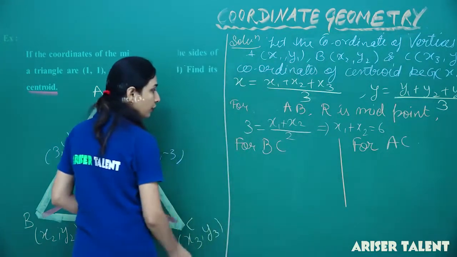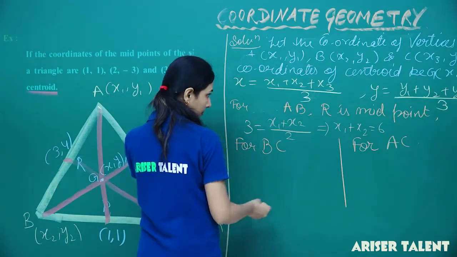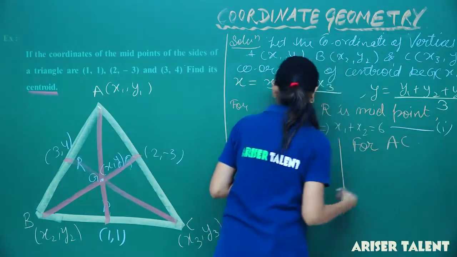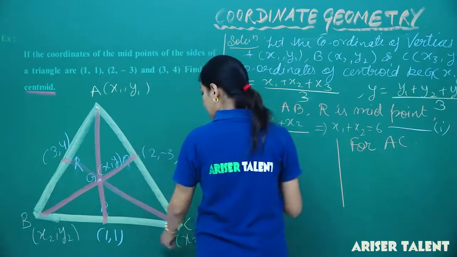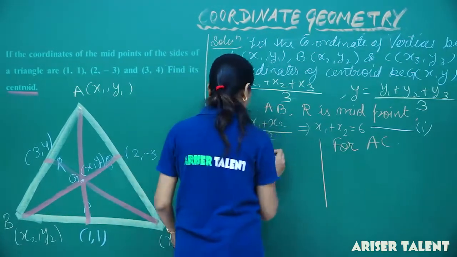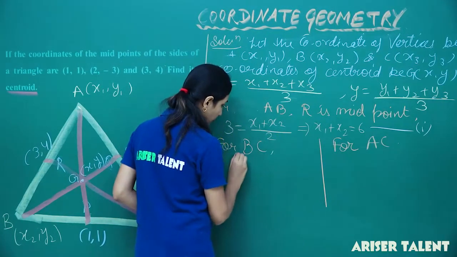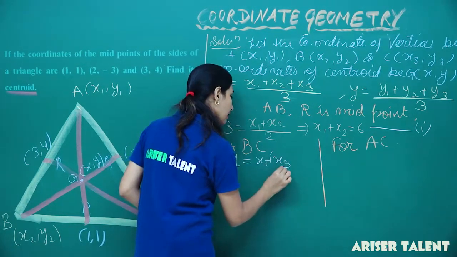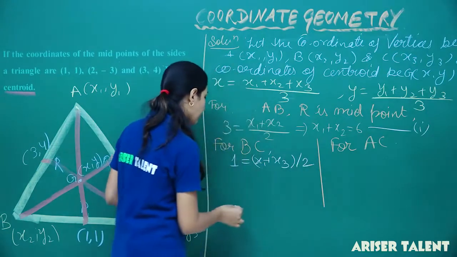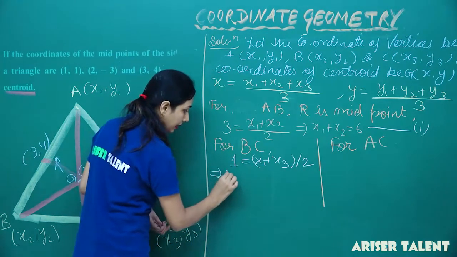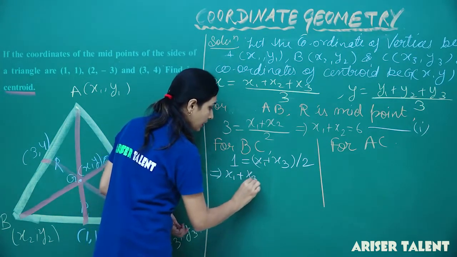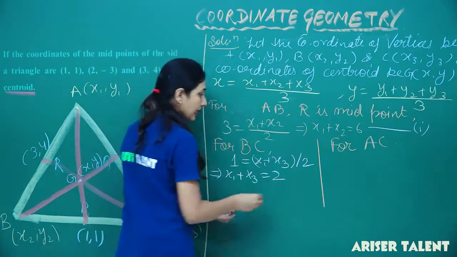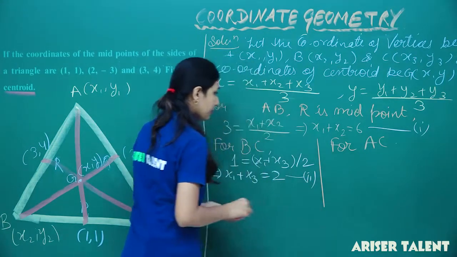For AB, this is our first equation. So for BC, 1 equals to x2 plus x3 by 2. That means x2 plus x3 equals to 2. This is our second equation.